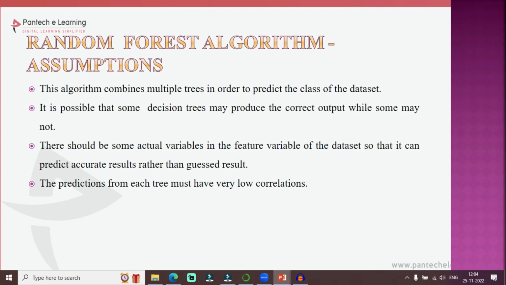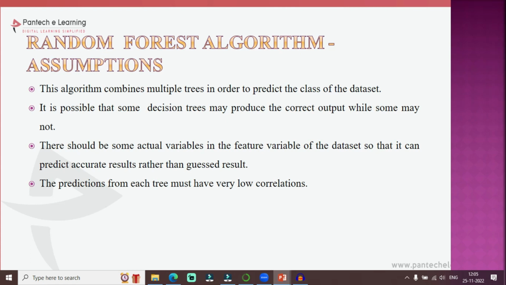So all these are the different assumptions. As I was telling you, we have different types of machine learning algorithms or machine learning models. You can go for the random forest algorithm, decision tree algorithms, or SVM, the support vector machine algorithm. Based on my requirement, you can go for different types of machine learning models.